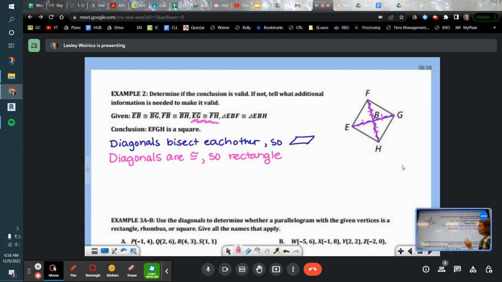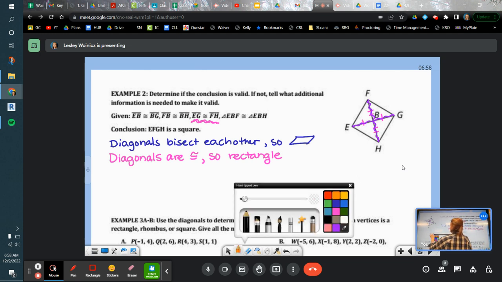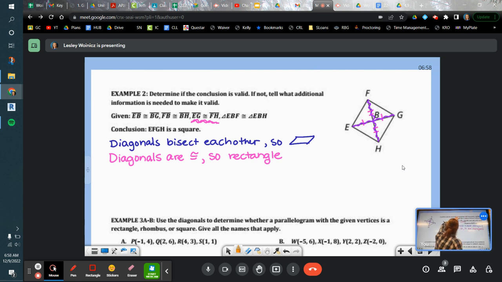Okay, now we just have to show that it's a rhombus. So when it tells us this bit of information about these two triangles being congruent, we know then that these two sides are congruent.